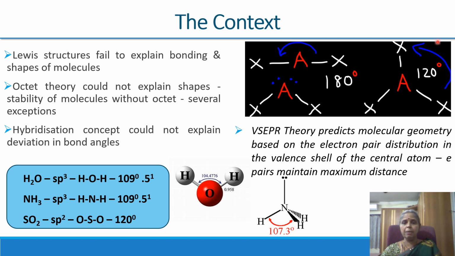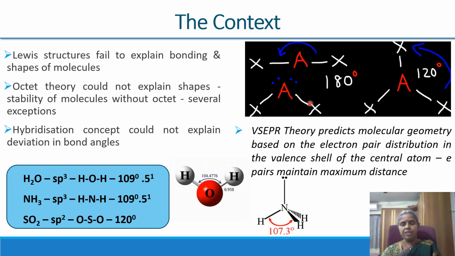Supposing there are three pairs of electrons in the valence shell of A, the three pairs arrange at a distance of 120 degrees from one another. But if you see here, this particular A is also bonded to two X with two bond pairs, but because this A also has two lone pairs, now the bond angle is bent, that is, it is less than 180 degrees.